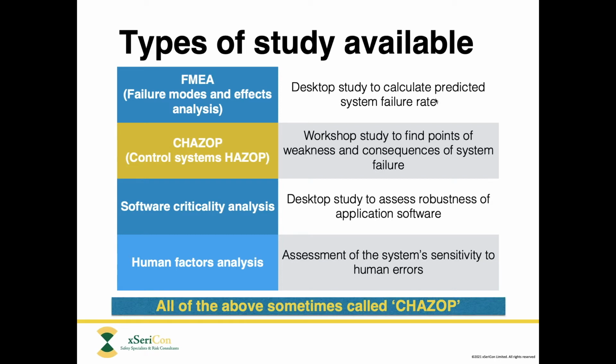So the first one, FMEA, Failure Modes and Effects Analysis. Now this is a calculation that we can do at our desktop. It doesn't require a workshop study, and its purpose is to take a very well-defined, clearly defined system, such as a control system, or a specific piece of equipment, such as a turbine or a compressor, and to calculate its predicted failure rate in various different failure modes.